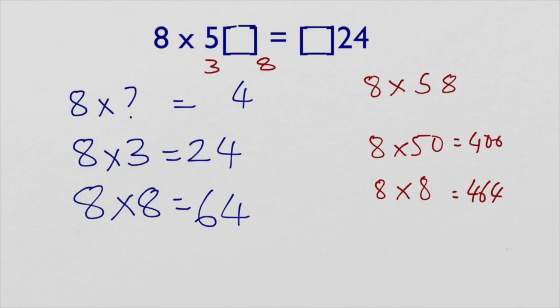So that doesn't work because of the 6 in the middle. So let's try 8 times 53. That's going to be 8 times 50, 400, plus 8 times 3, 424. And that then has to be our answer. Excellent!